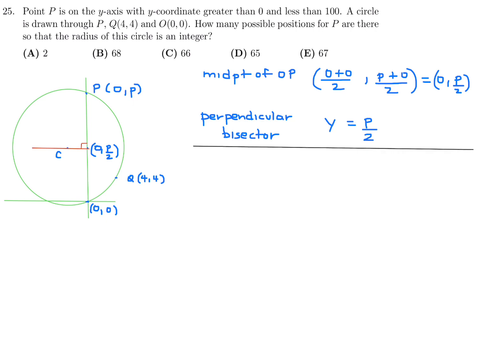Now I'm going to do something very similar, but this time with OQ. So now I'm interested in this line right here between O and Q. So that one right there. And here we go. Same kind of thing. Midpoint of OQ. So we got (4 plus 0) over 2, and then (4 plus 0) over 2.